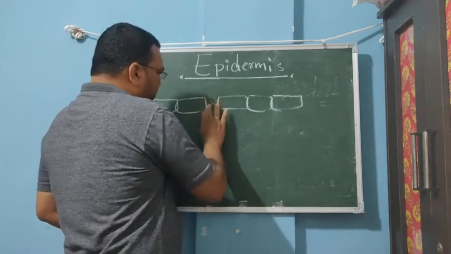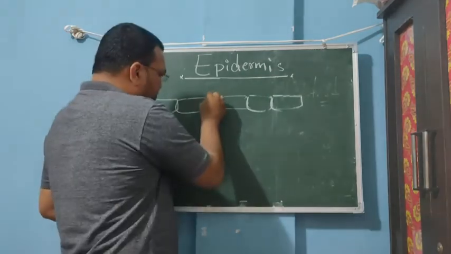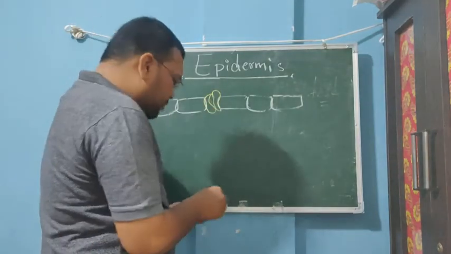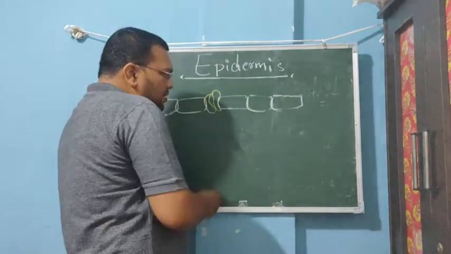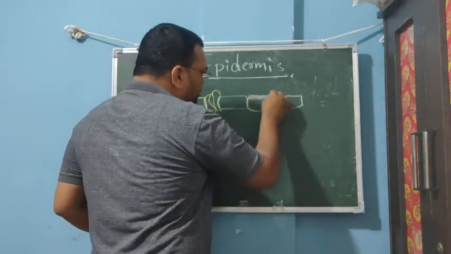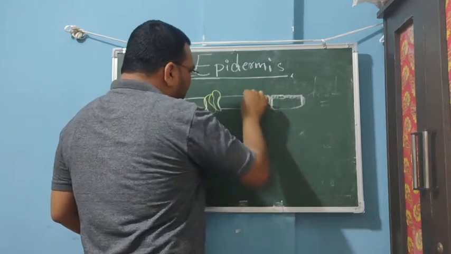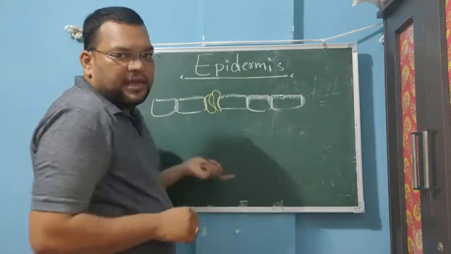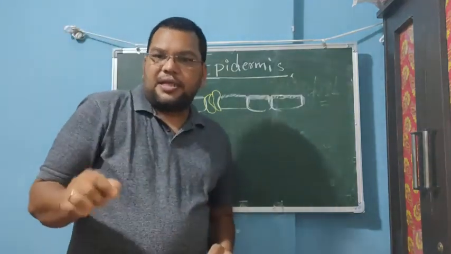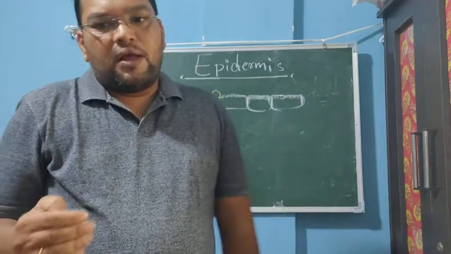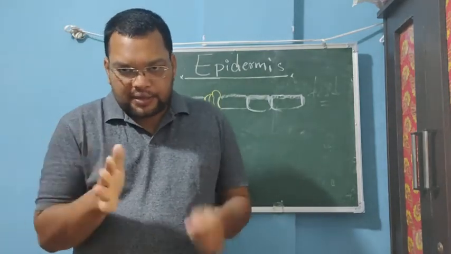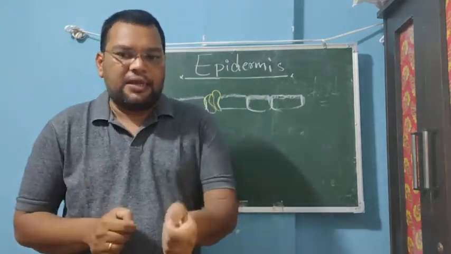There is a special structure we are going to talk about later. Now the cells of the outer boundary and the sidewise boundary are a little bit tougher, or you can say a little bit thicker than the inner side. The cells are relatively flat, and the side walls and the outer wall are a little bit thicker than the inner wall.